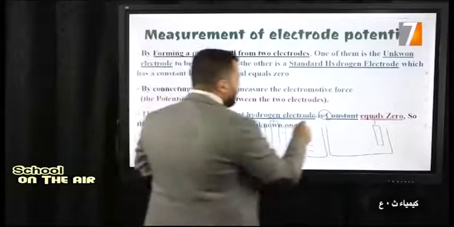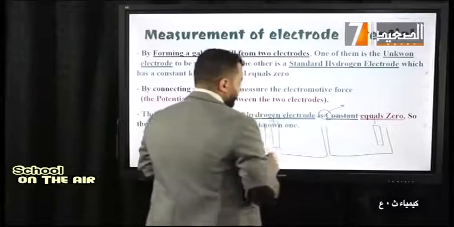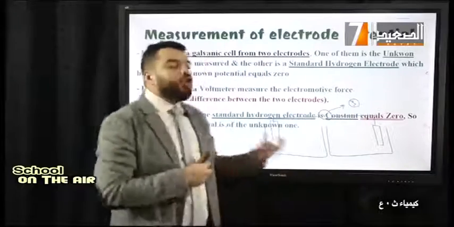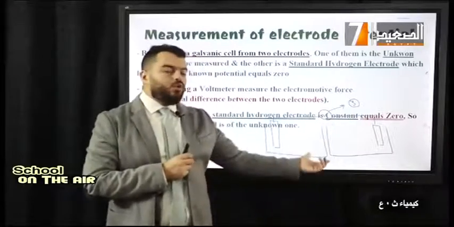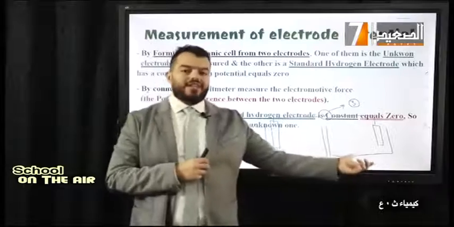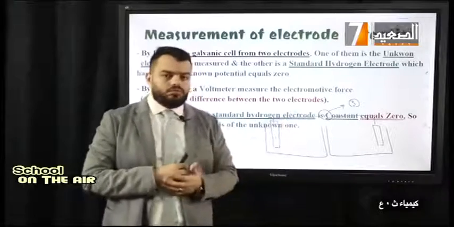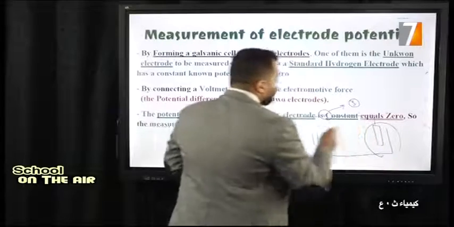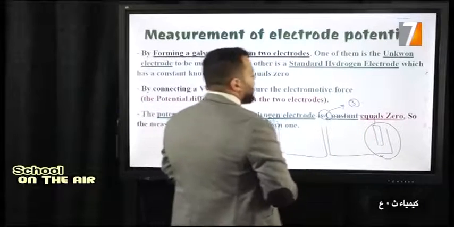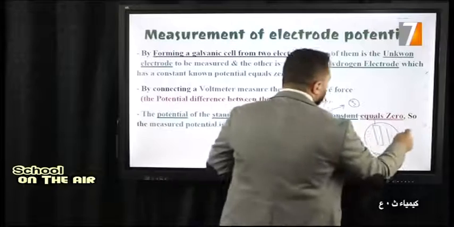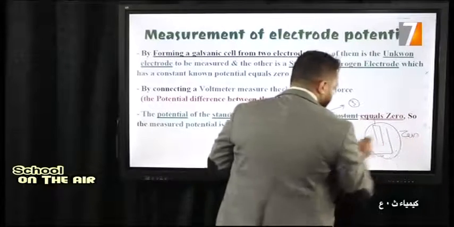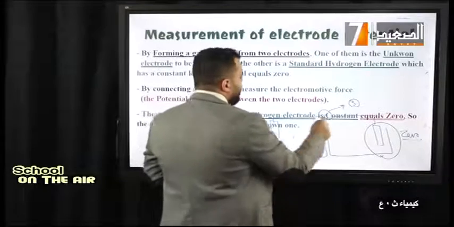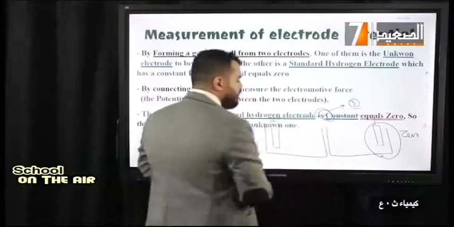When the voltmeter measures a potential difference of 3, could you know from this 3 who is larger or higher than whom? No. So you have to choose one electrode to be a constant electrode with potential equal to 0 and connect it to the other electrode to measure the difference between them.